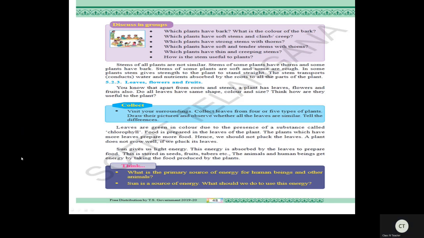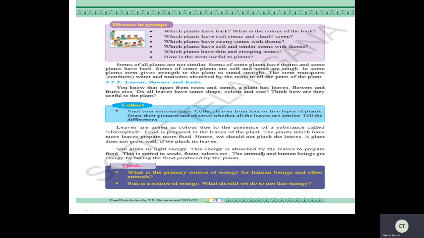So two points you have studied now, and one more main point you are going to study. See here. Sun gives us light energy. So through the sun we get light, right, children? Light is a form of energy. We call it light energy.